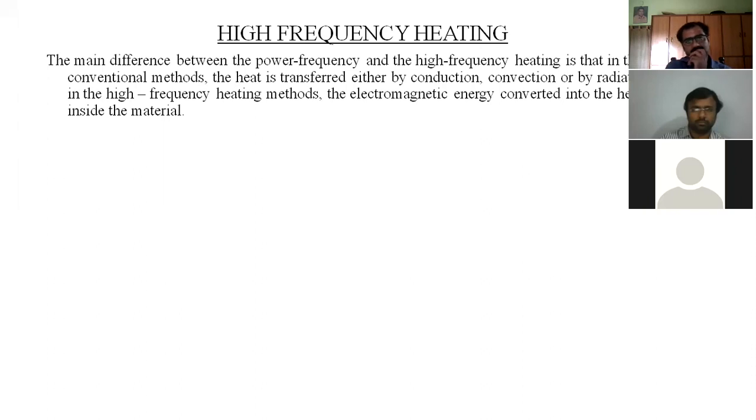Based upon these classifications, this high frequency heating method is going to be applied. Based upon these types of materials, it is classified into two types, that is induction heating and dielectric heating. So now we can easily say where we are going to apply induction heating and dielectric heating.